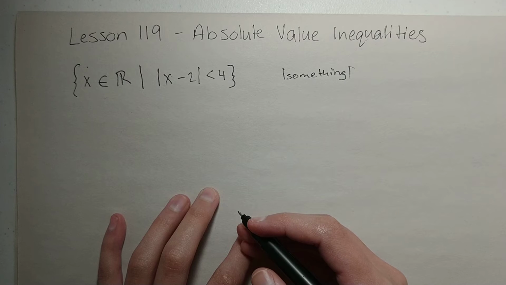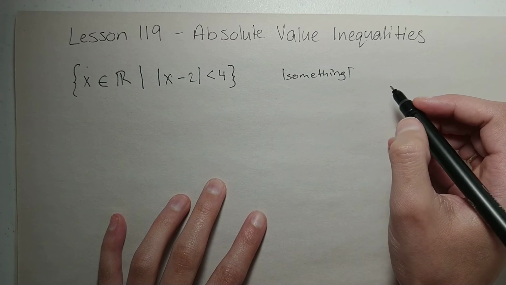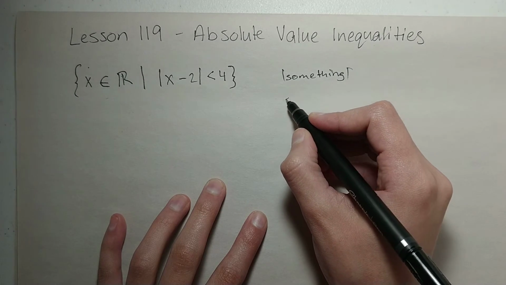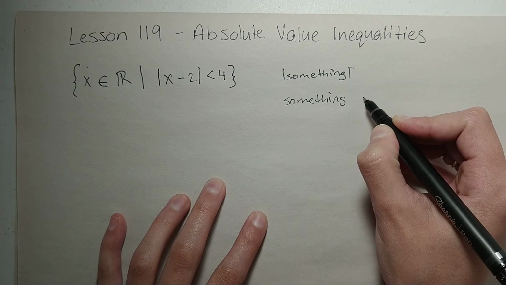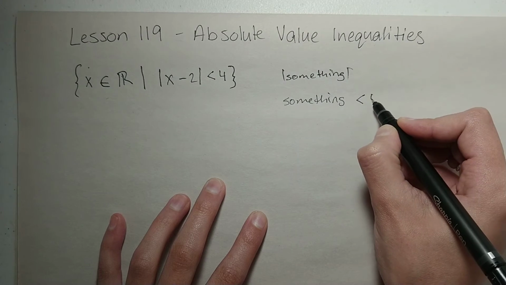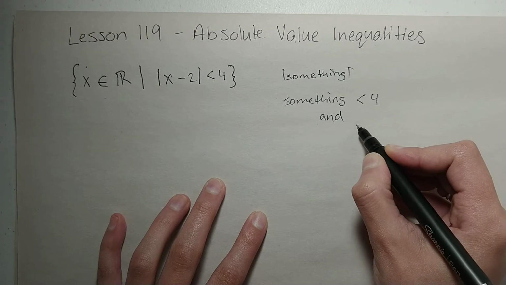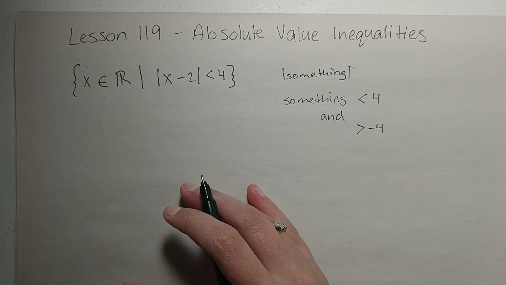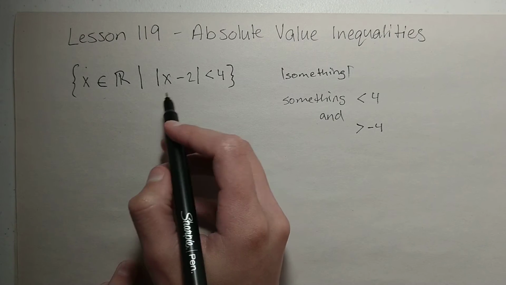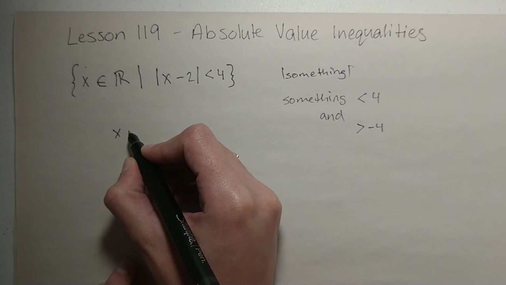So that something has to be less than four and greater than negative 4. All right. So we know that something is X minus 2. So we're going to write it out.